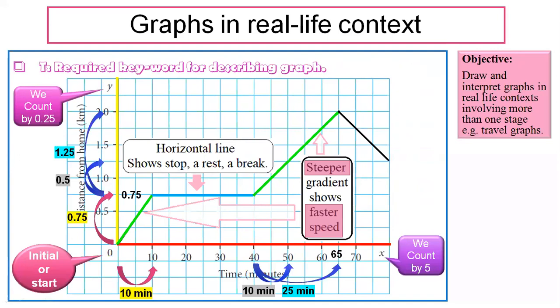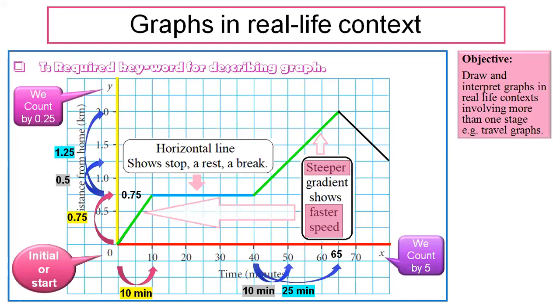Not stopping. So that depends on your graph. What do you have on the y-axis? If you're talking about distance, the horizontal line means he's not moving. But when you have speed, the horizontal line means it's moving, but at a constant speed.